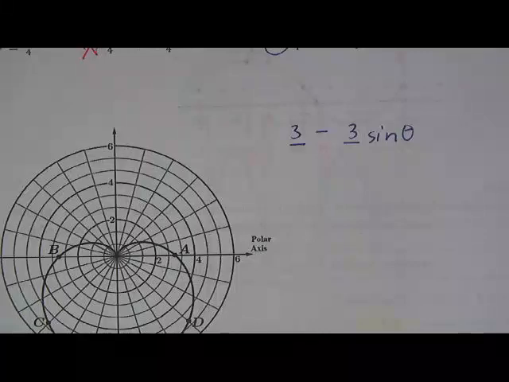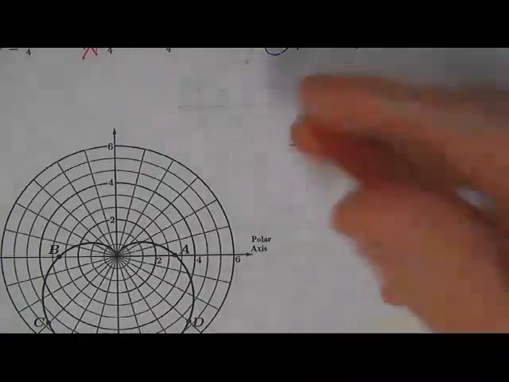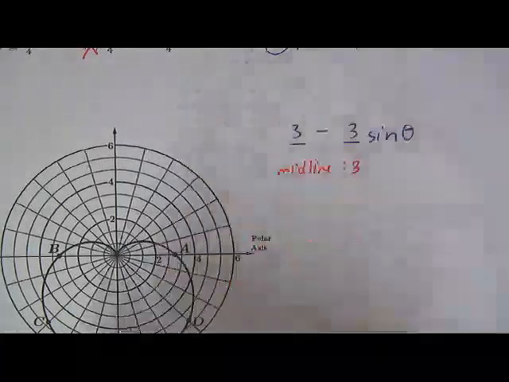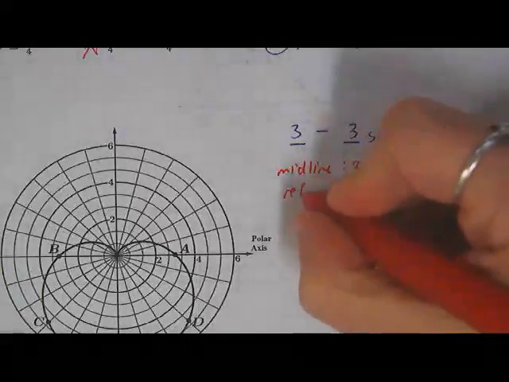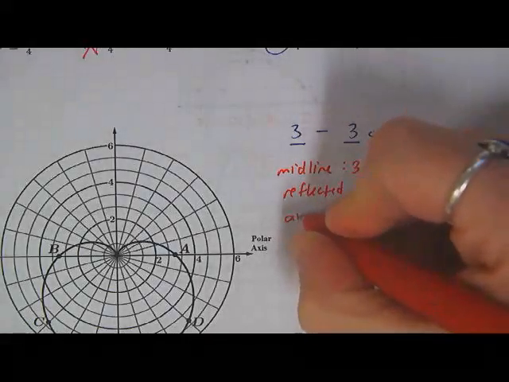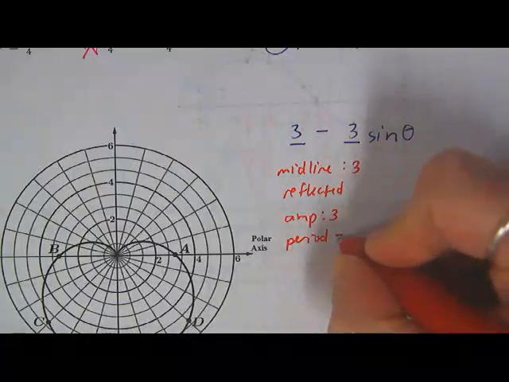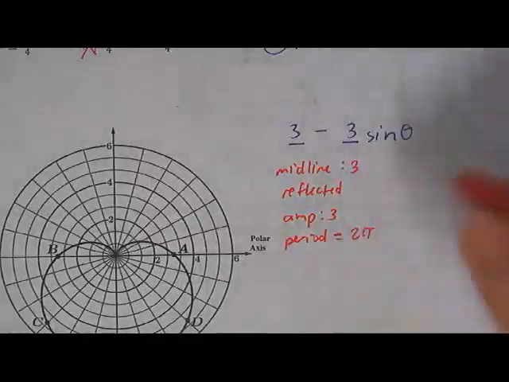Now, you can do it like all the other problems. What's your midline? 3. Has it been reflected? Yes. What's the amplitude? What's the period? 2 pi.